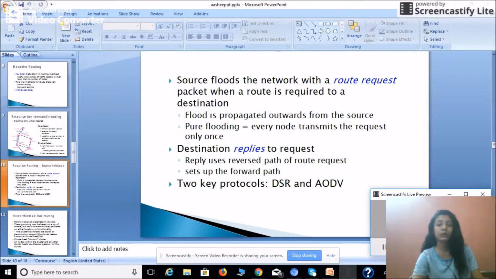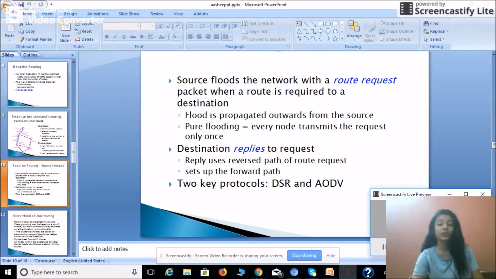Pure flooding means every node transmits the request only once. Then the destination node replies to the request which was sent by the source node. The reply uses the reversed path of the route request. That means it follows the same path from where the route request came. It sets up the forward path.